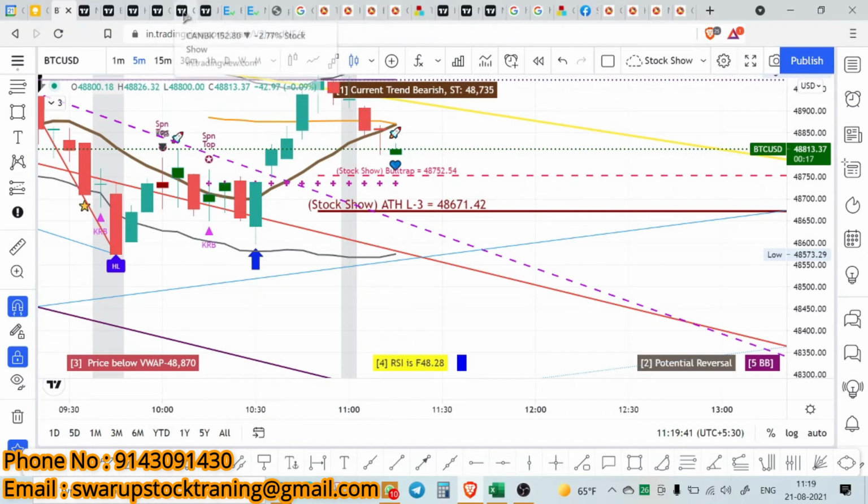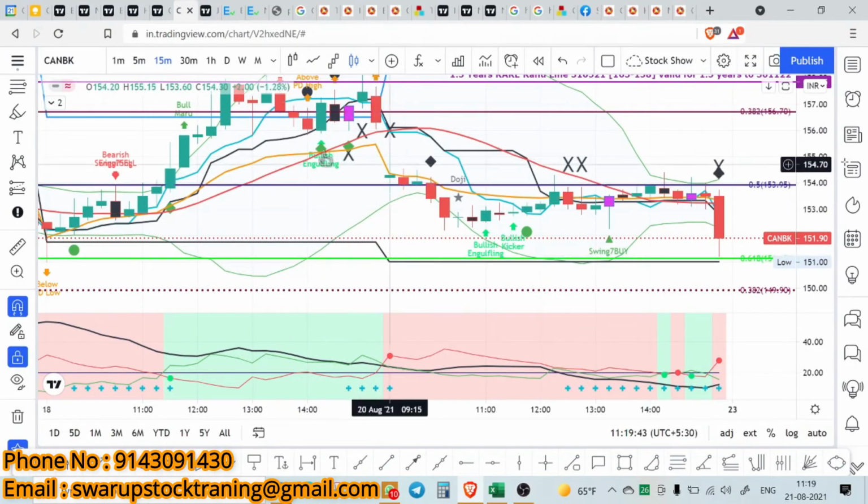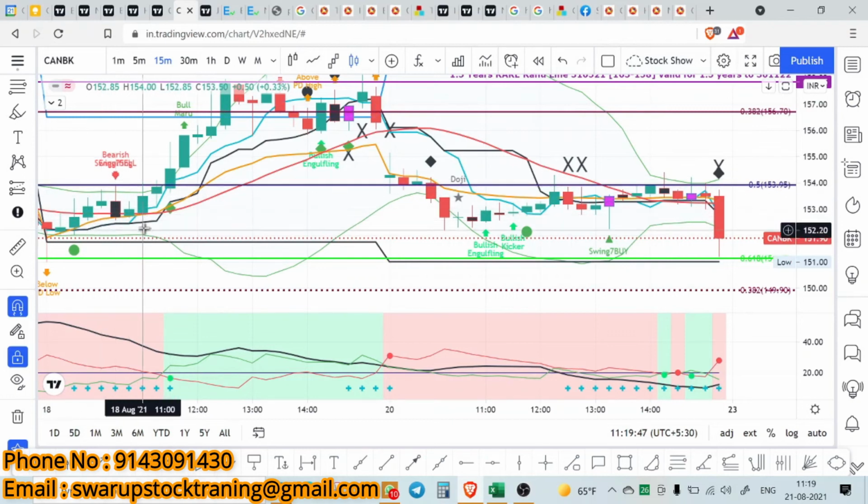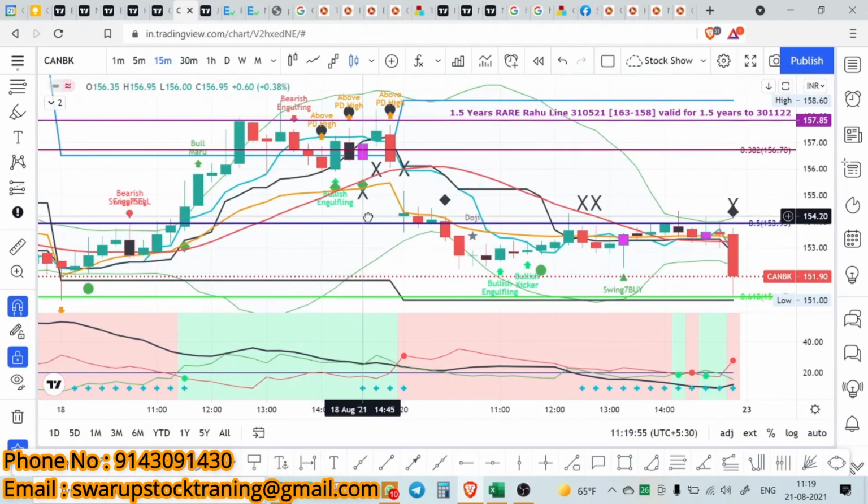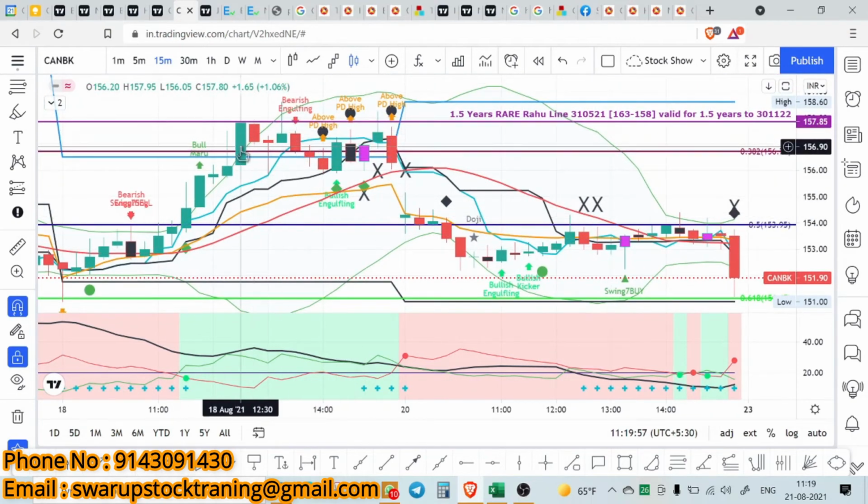And we have another software, which is our normal Nikola software. In Nikola also, we have this Nikola signal satisfied here in Canara Bank at this level, and once you have bought it here, you could have exited based on our line.